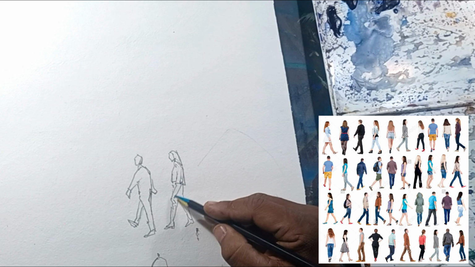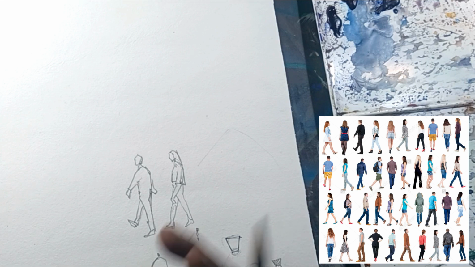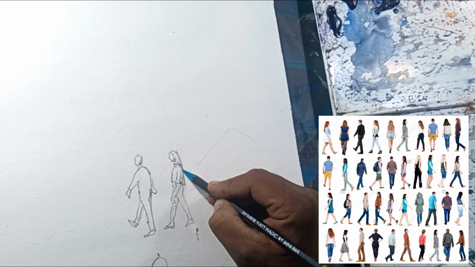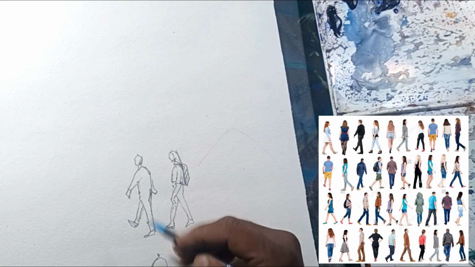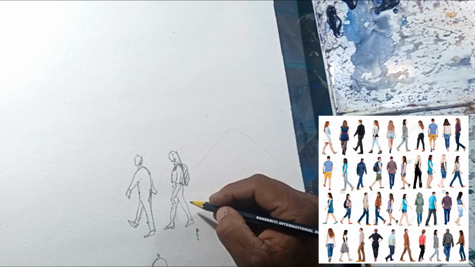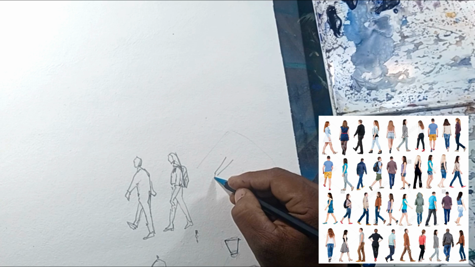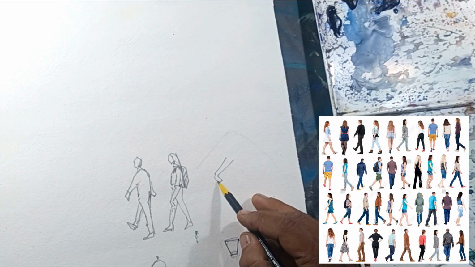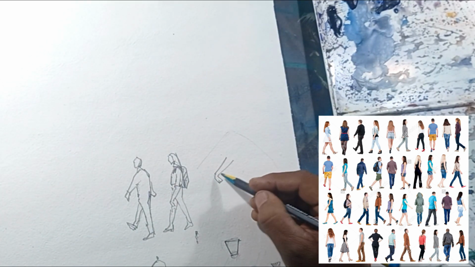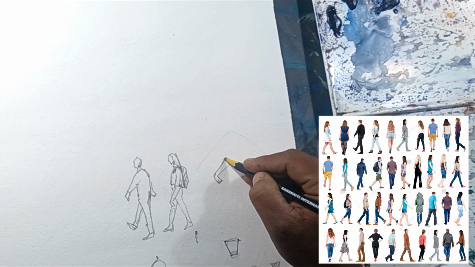So we need to get the gesture. Gesture means the motion. We have to capture the action in which the person is moving. For example, I can just put a bag here, and it appears like she is carrying a bag. Getting me? So we have to capture the gesture and the hand movements. Like see here, the hand is a little folded. So what I have done, I have just made a small rectangular kind of thing and bent it so that it looks bent.